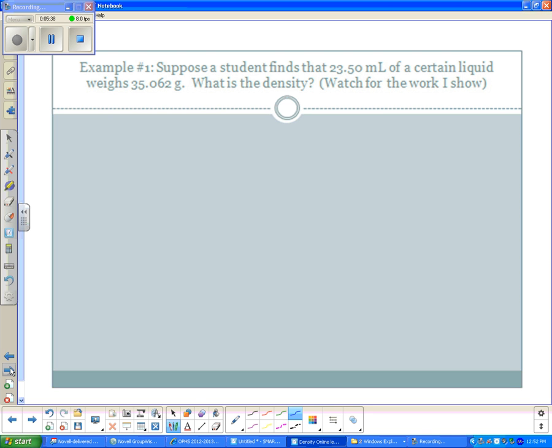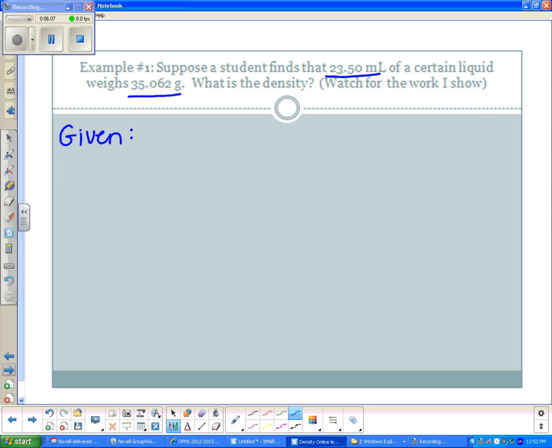And I want you to be careful for the work that I show. In these problems, we're going to start by writing down our given information. In this particular case, we have two numbers up here. We have 23.50 milliliters, and we have 35.062 grams. So these are two pieces of given.